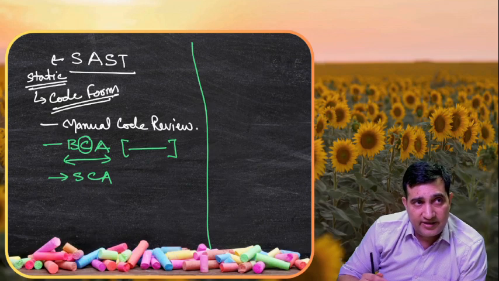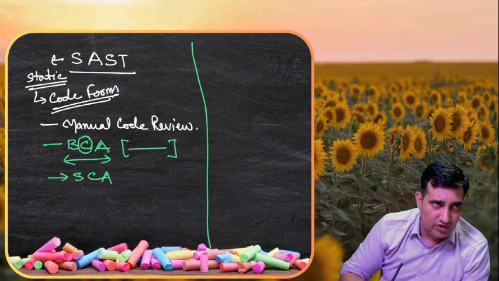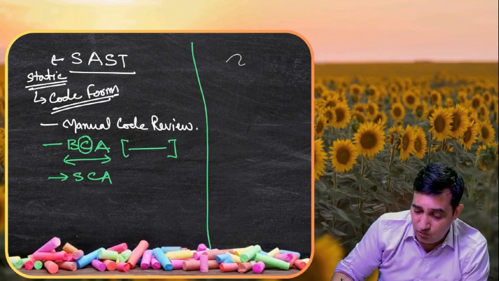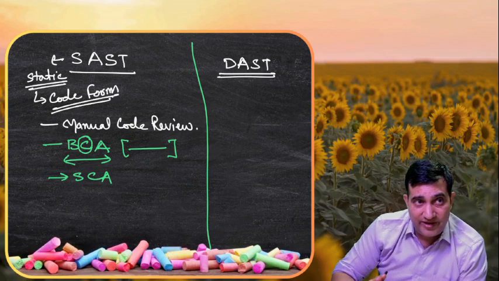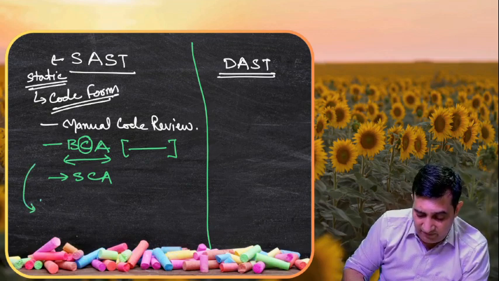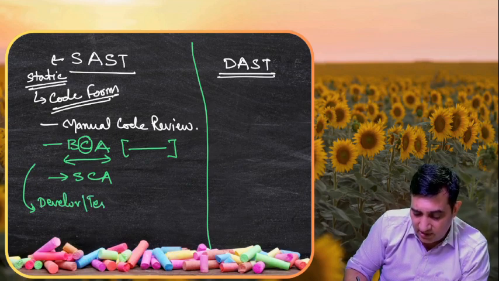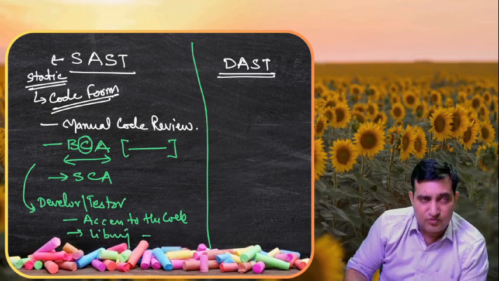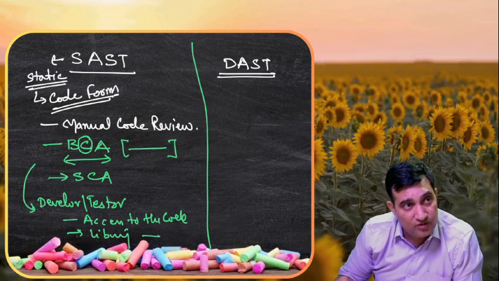Once the software is ready to run or be executed, the kind of testing we do is called DAST. Now, one thing is very important to understand. Whenever we were doing SAST, the developer or the tester, you can say senior developer or maybe tester, will have access to the code. He might also have access to the libraries and the kind of platforms you are using, the kind of open source you are using, all of it.